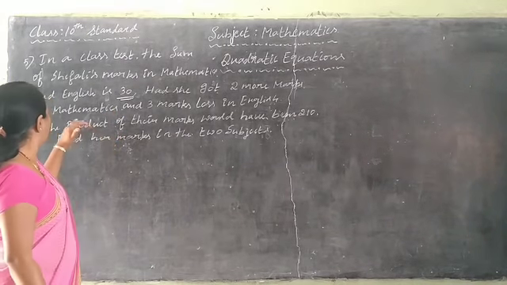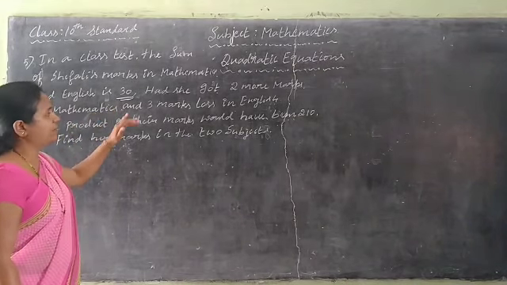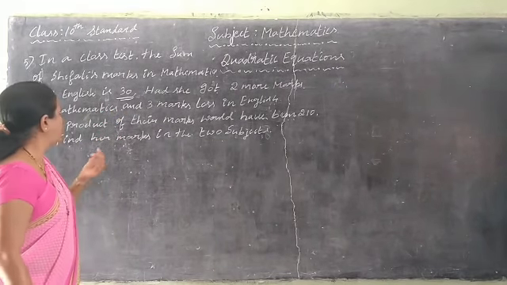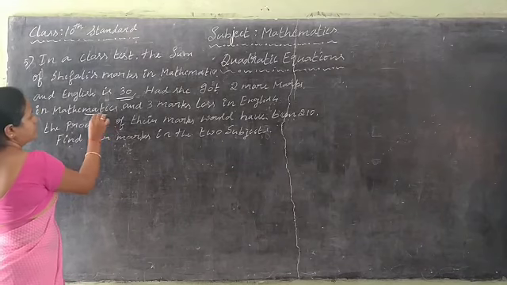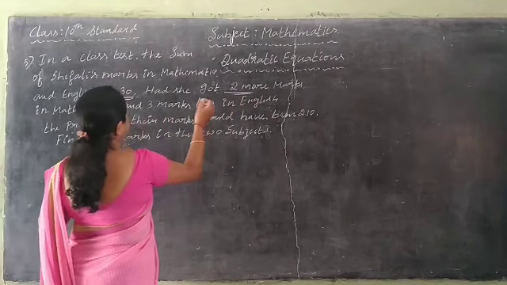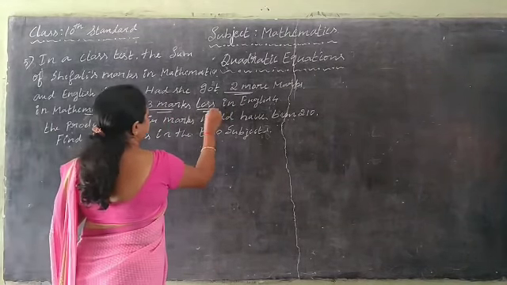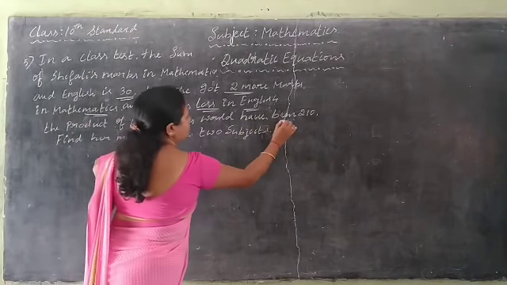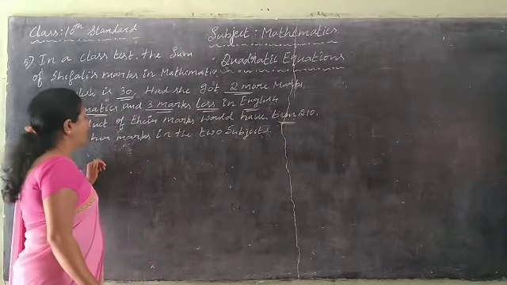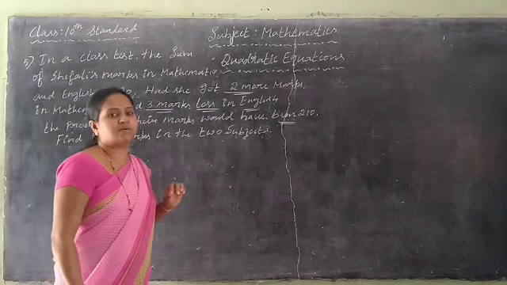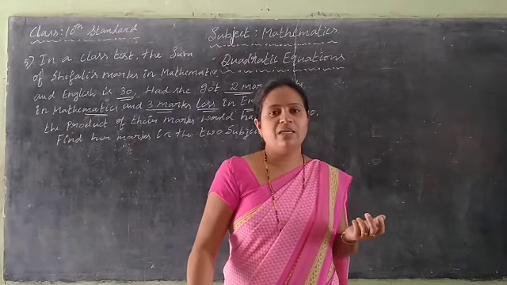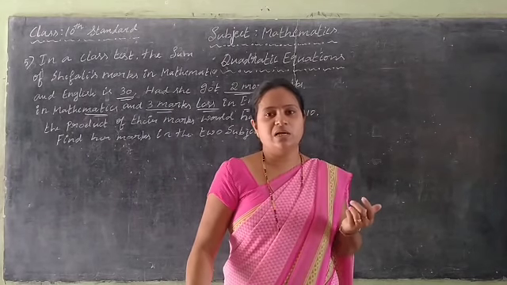And she got 2 more in mathematics and 3 marks less in English. The product of their marks would be 210. Now, find the marks in the 2 subjects. So, we have to find out the marks scored by Shefali in mathematics as well as English, children.